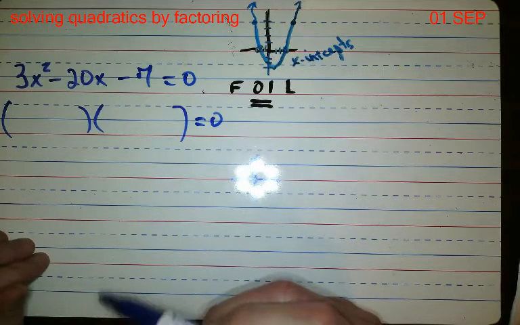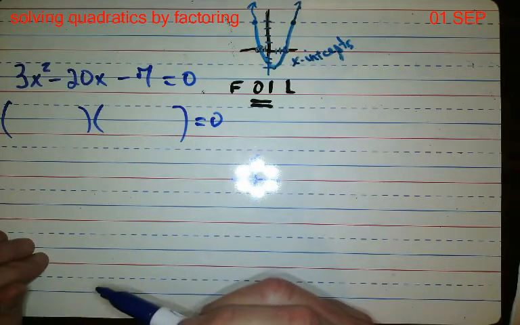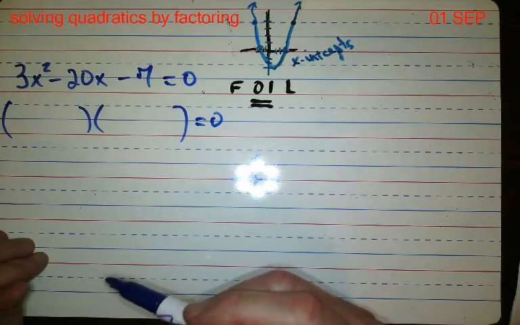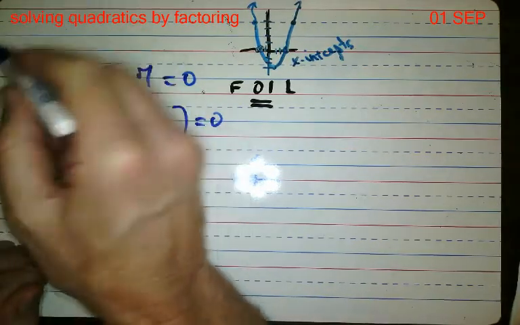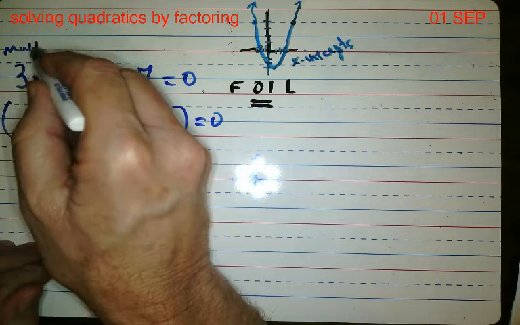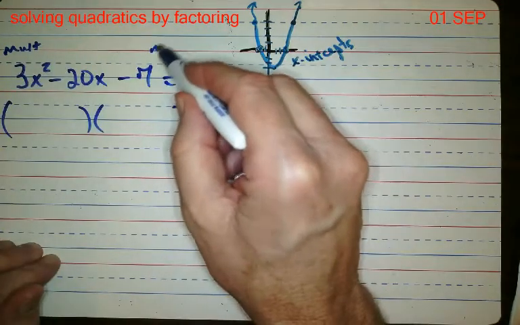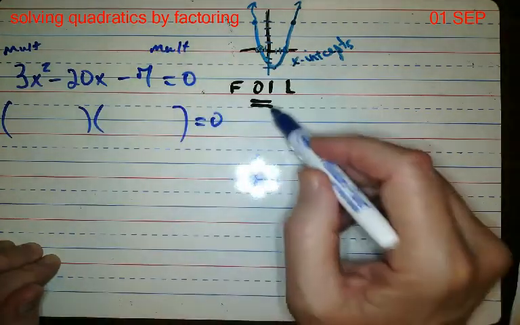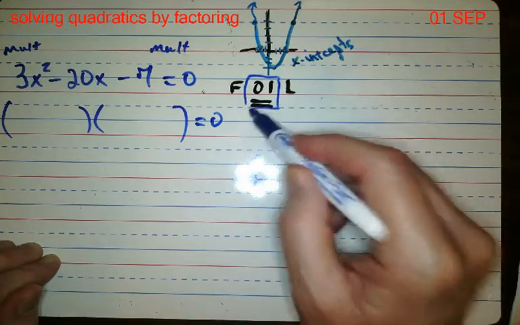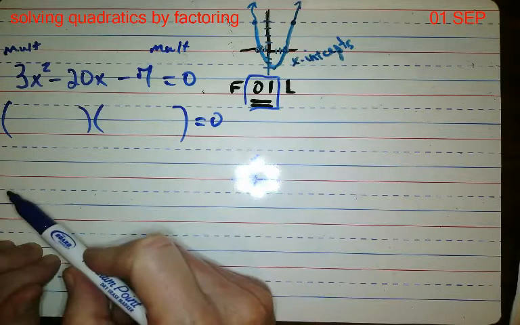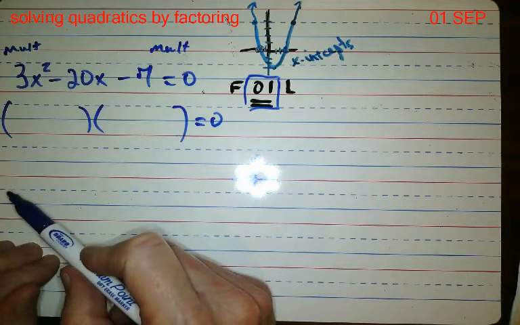So what we are trying to do is find the number that multiplies to be this. We want to multiply to be the front, we want to multiply to be the back, and then we're going to add the inside and the outside together to get negative 20. So let's see if we can do that.